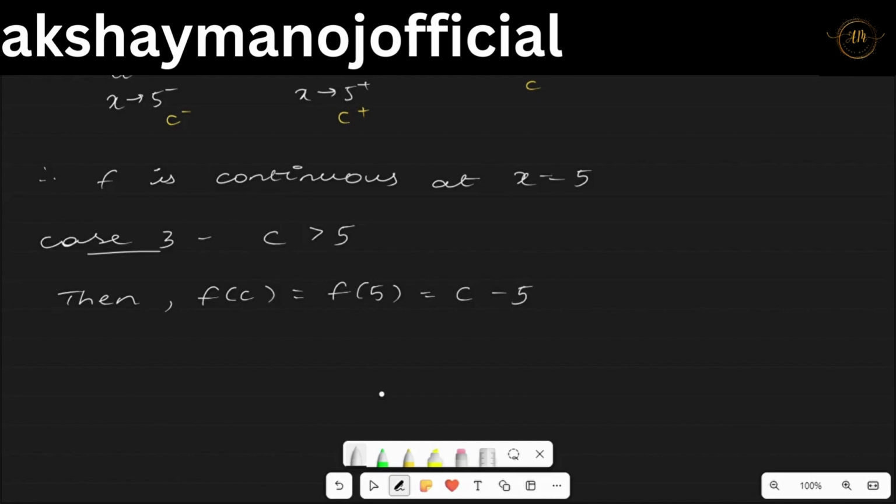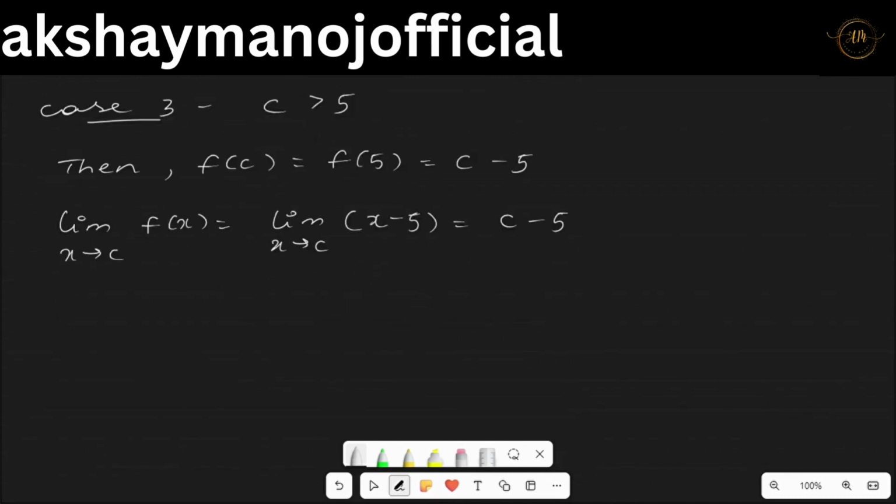Alright, so limit as x tends to c of f(x) is equal to limit as x tends to c of x minus 5, which is equal to c minus 5. So therefore, limit of f(x) as x tends to c is equal to f(c).